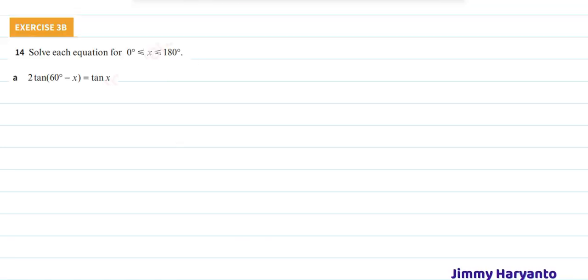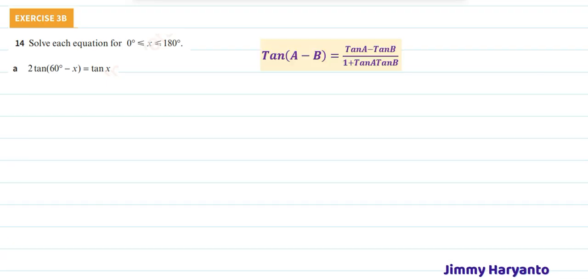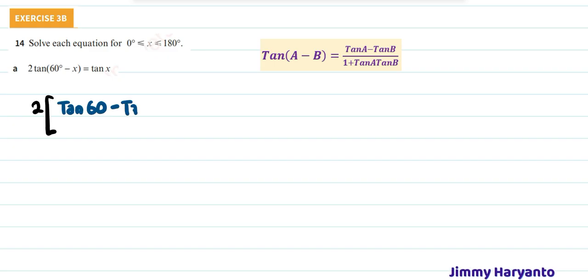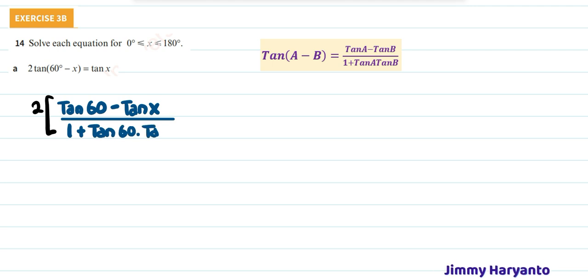And then next is 14a. For 14a, I will use the formula of tangent A minus B. The formula is just like that, so I will replace the tangent 60 minus x into that one. So according to the formula, you have to write down tangent 60 first, minus tangent x, and then over 1 plus tangent 60 times tangent x.